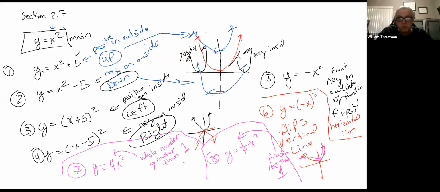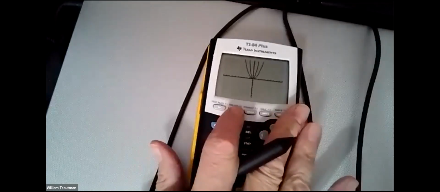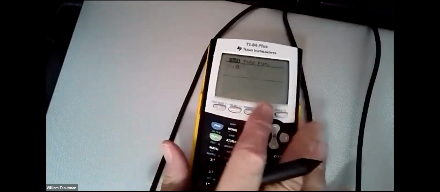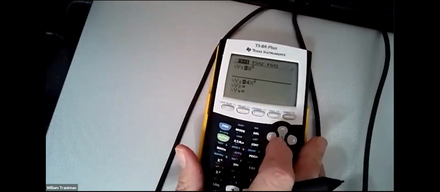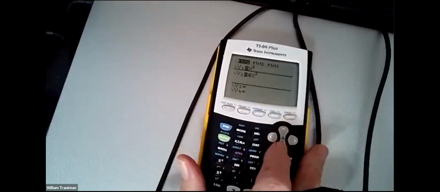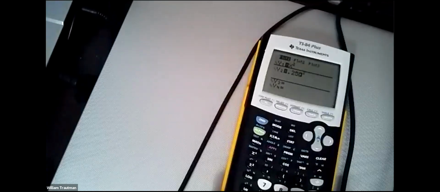We want to do one more now. We want to do the fraction. One fourth, the decimal part of 1/4 is 0.25.